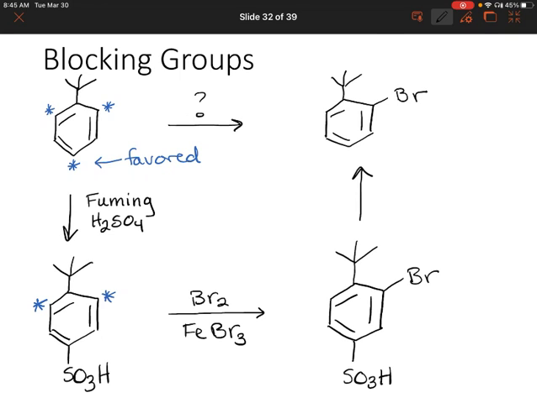If you want to remove it, you just use dilute sulfuric acid. So super easy. And then your yield for the ortho product is about 100%. So these are all really cool tools that we can use to create these different products that we want versus the products that we don't want.